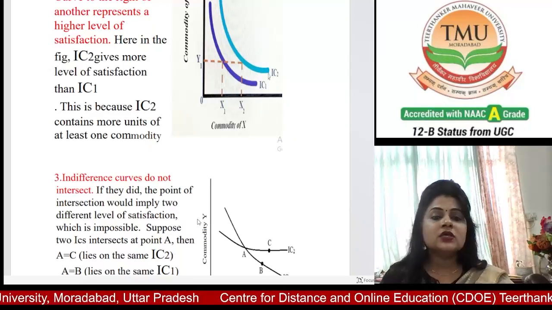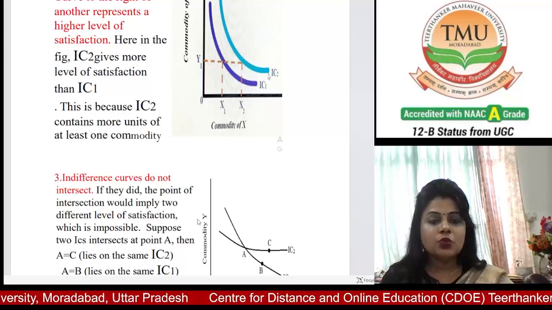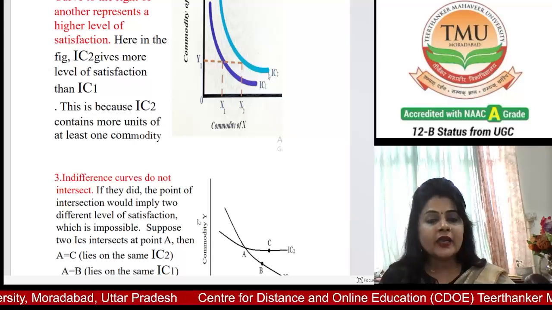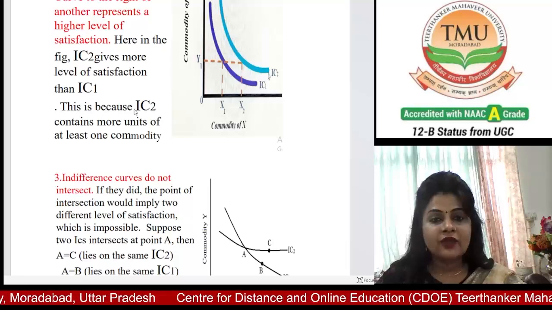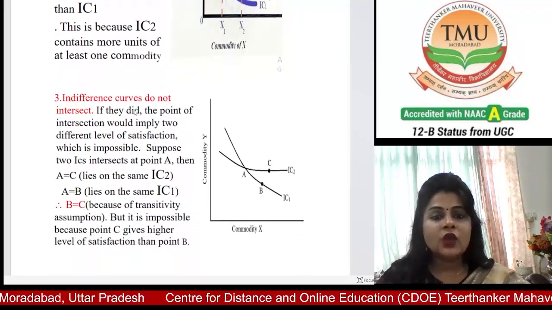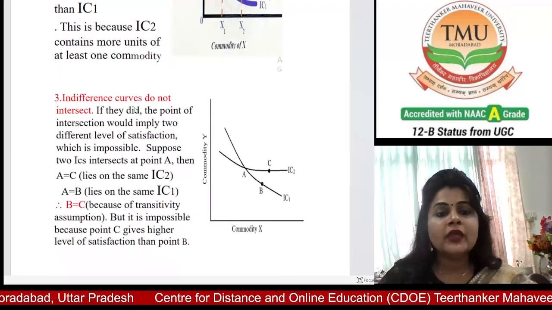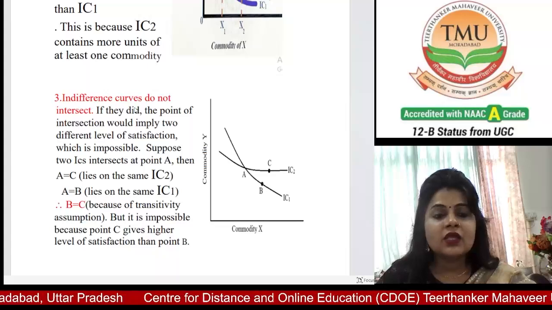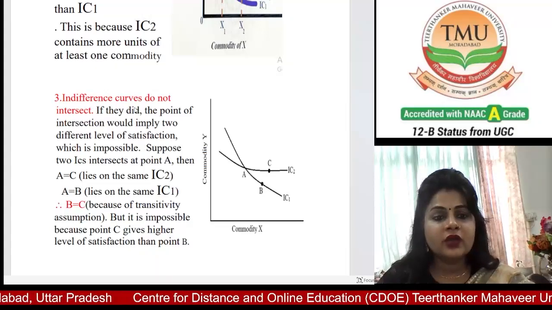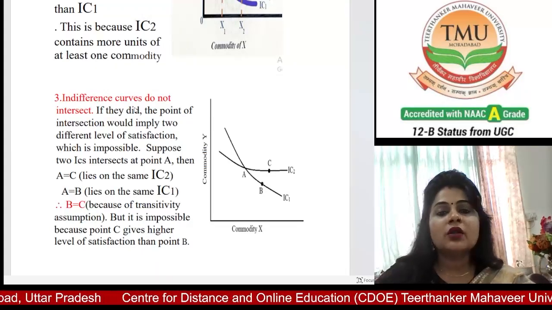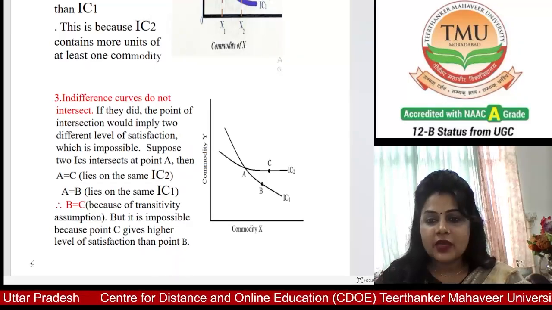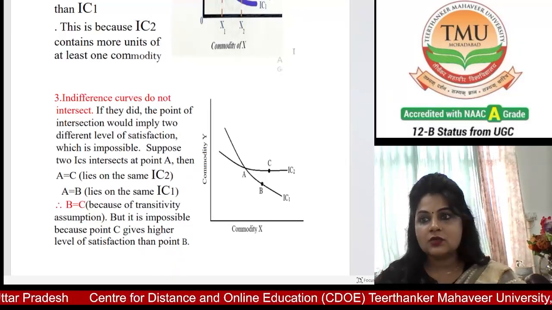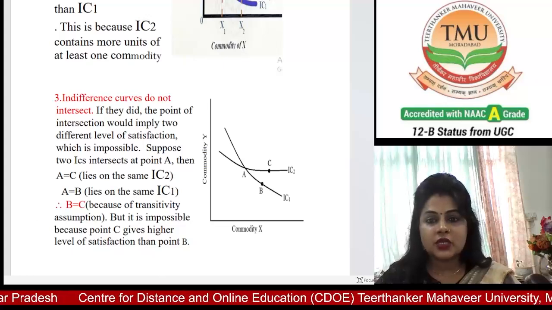In other words, a consumer prefers more goods, and a higher indifference curve will give a higher satisfaction level. Now, I think you have understood why a higher indifference curve gives a higher level of satisfaction, and a lower indifference curve has a lower level of satisfaction.